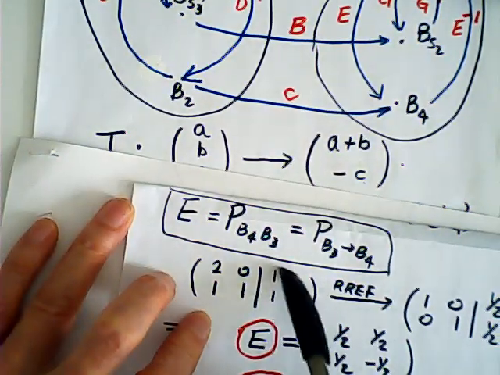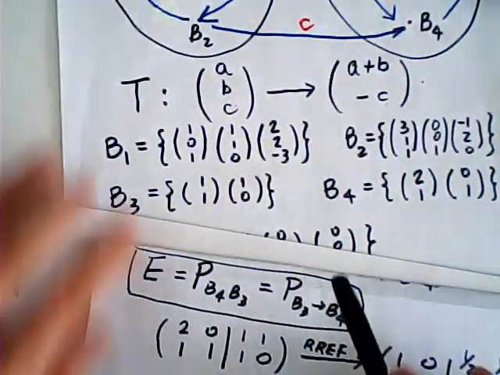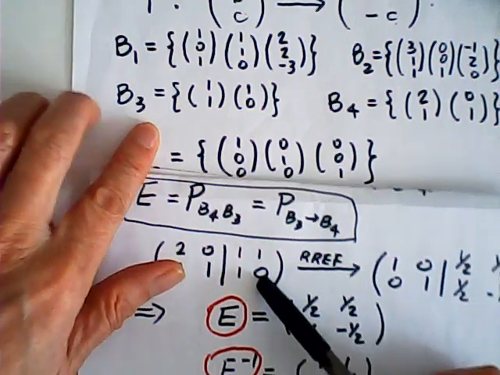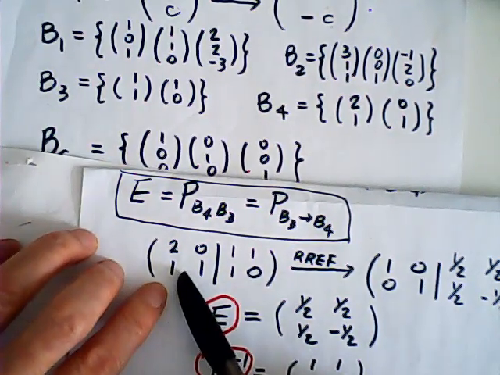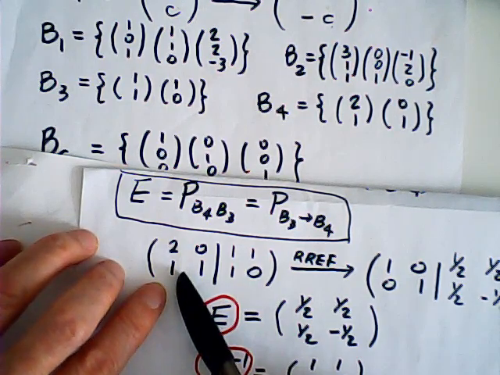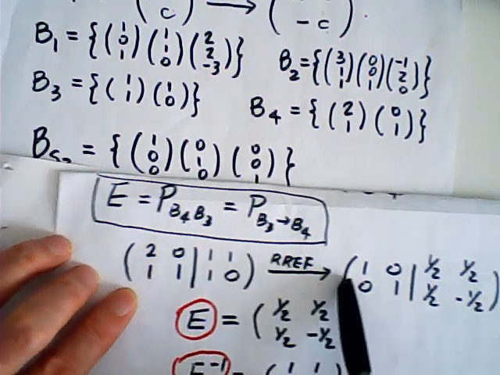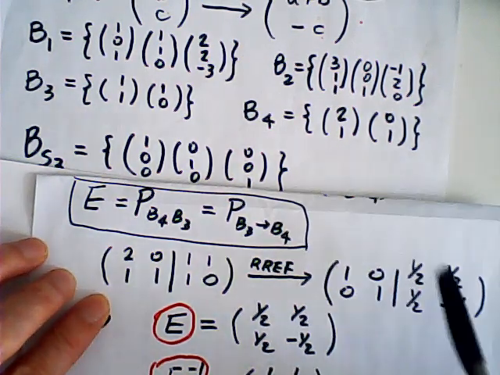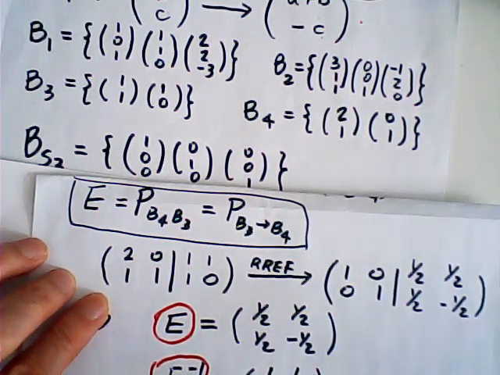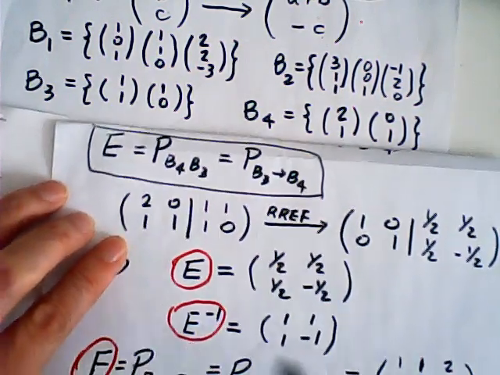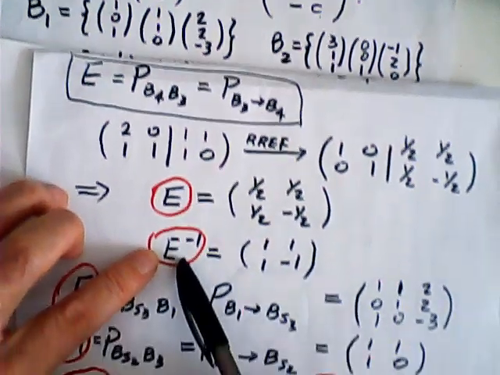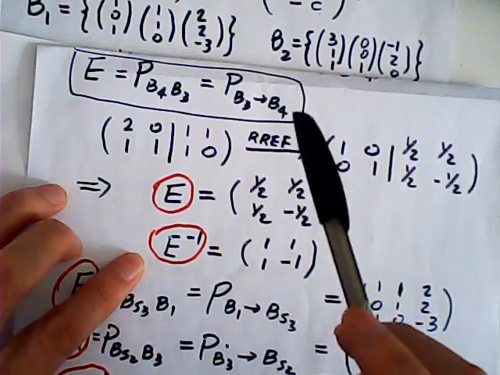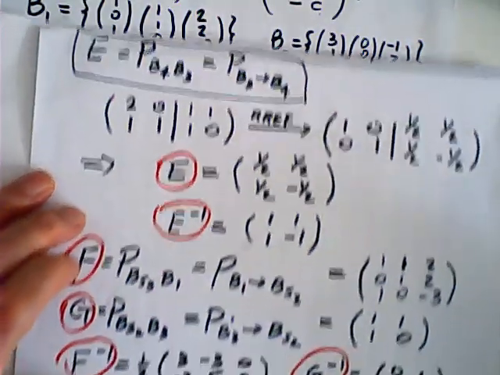Write this side as base 3, and this side as base 4, and perform row operations until you get the reduced row echelon form here. And this is my E. This is my E. And find the inverse. You get the change of basis from basis 4 to basis 3.